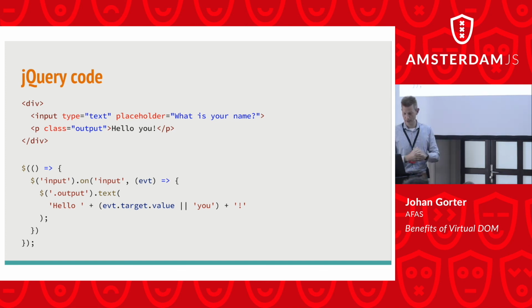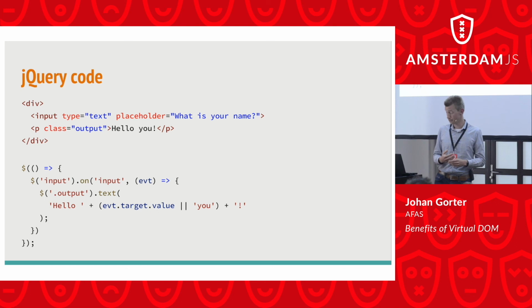I'll give you a quick look at this jQuery code. I hope you can still read it. All it does is the input, you can enter a name in there, and it greets you with hello and then your name. So it's not very rocket science. What can we learn about this code, how we wrote it back then? First of all, we have some duplication in here.